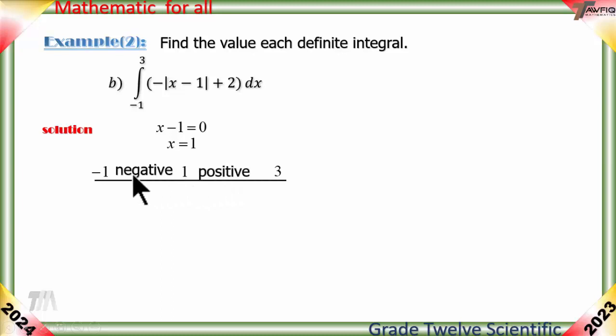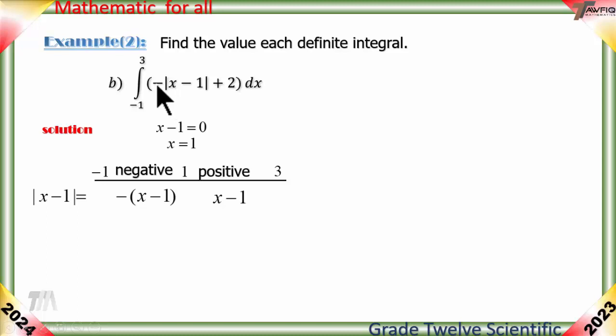Now we are defining the function. First of all, we must take the absolute value of x minus 1. When it is negative, that means minus x minus 1; here it is positive, x minus 1.